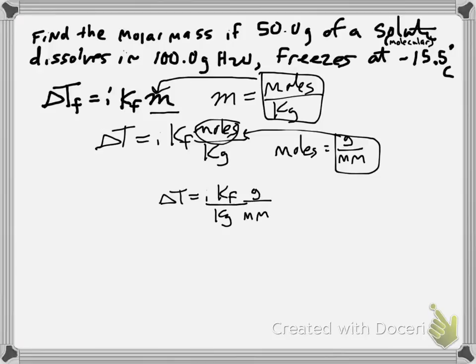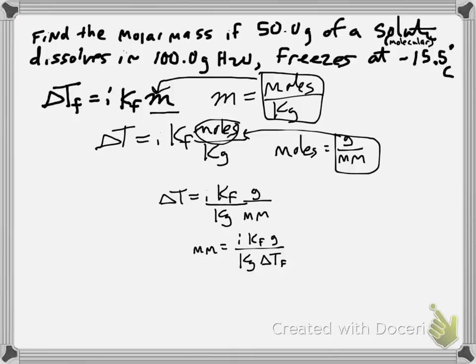So from this point, finding molar mass is just a rearrangement of this equation. So the molar mass is equal to i times Kf times the grams of the solute over the kilograms of the solvent and delta Tf.